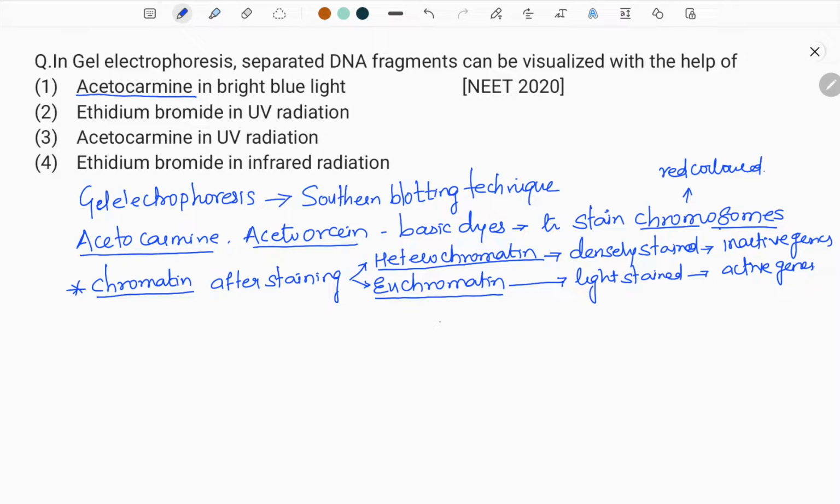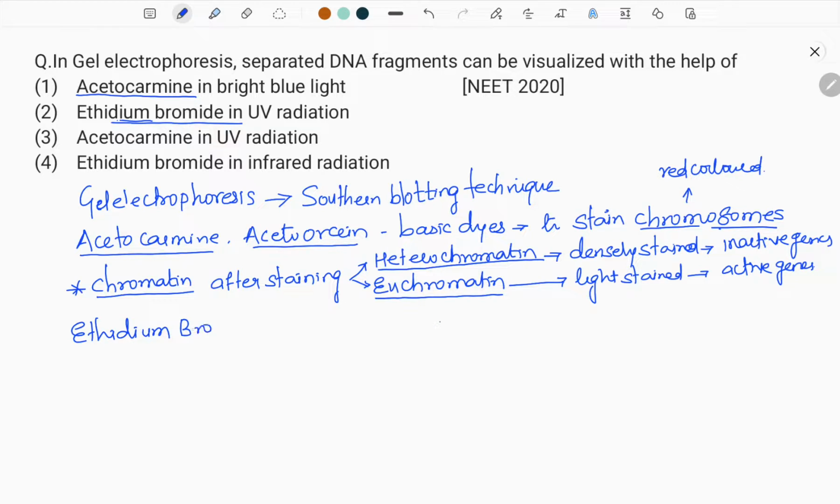So that is about acetocarmine and aceto-orcein. Both are used to dye the chromosomes, that is DNA material. Now let's come to the second option, that is Ethidium bromide. What is this Ethidium bromide?